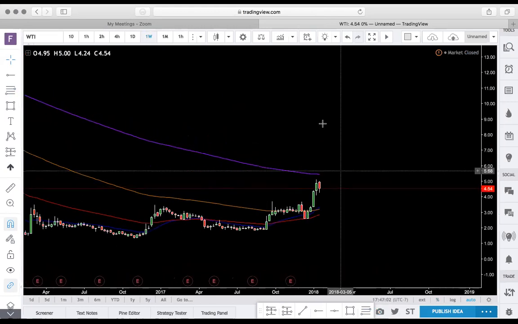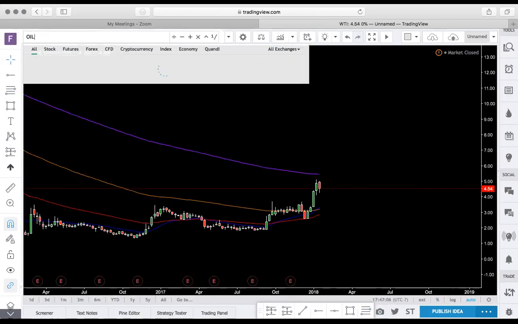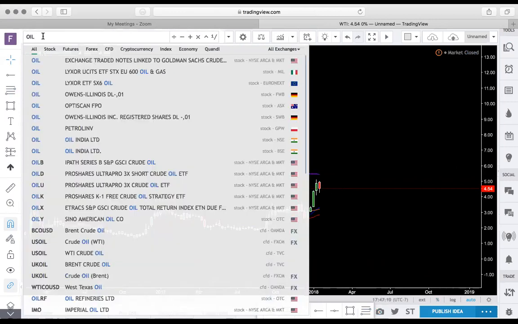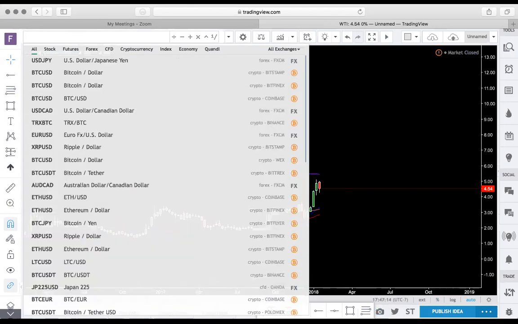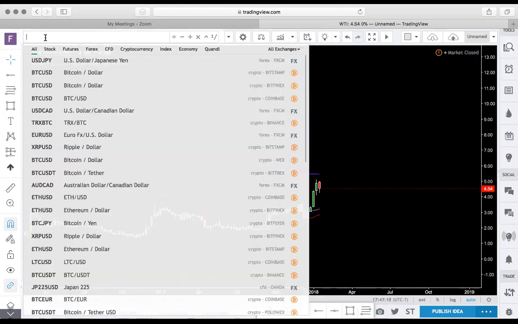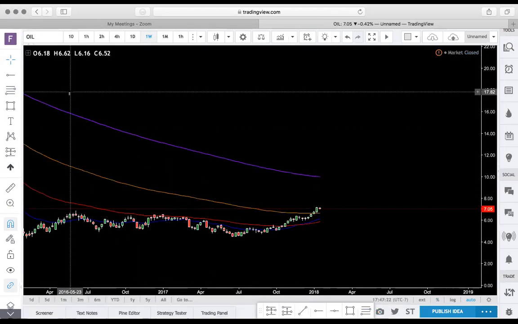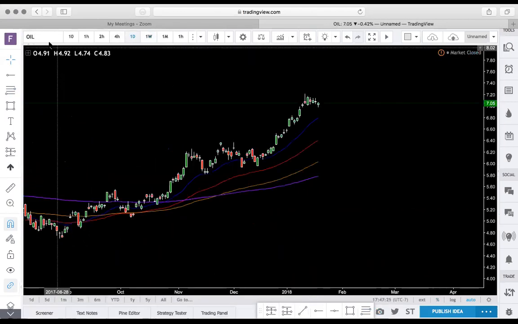Bob, what do you use for oil? Not even sure what to use for oil. I thought I had oil. Does this work? Let me know what symbol you use for oil.